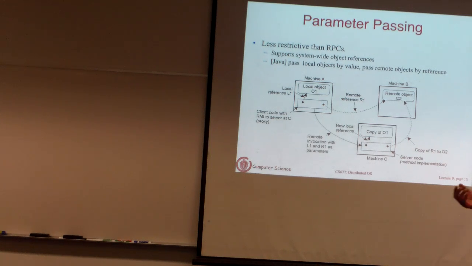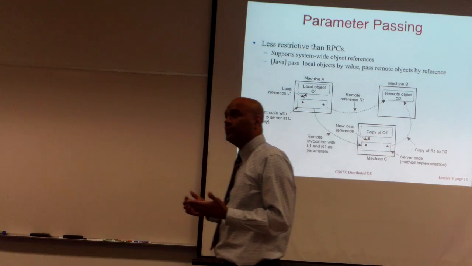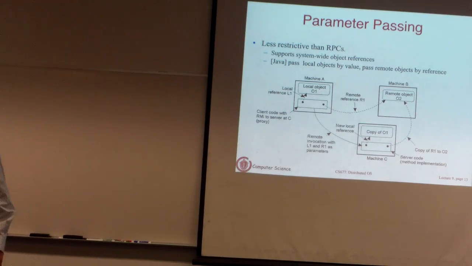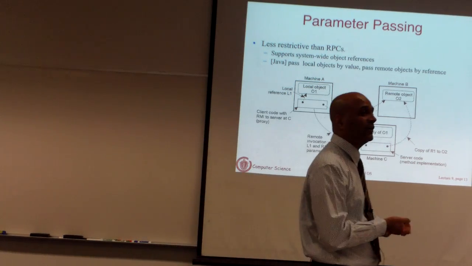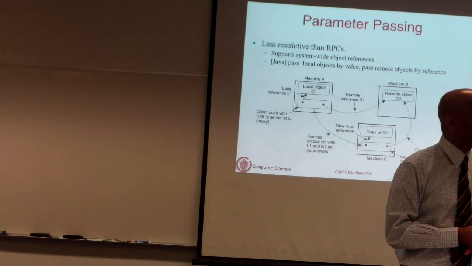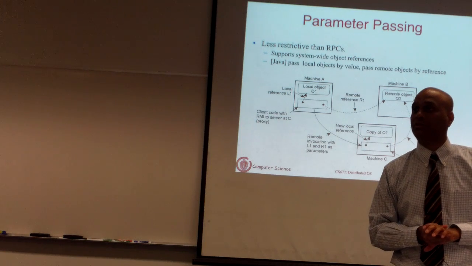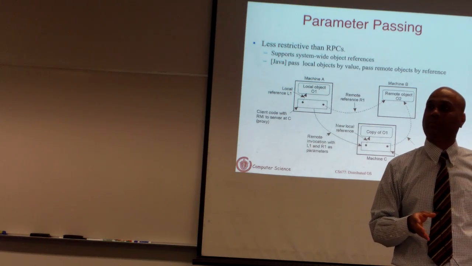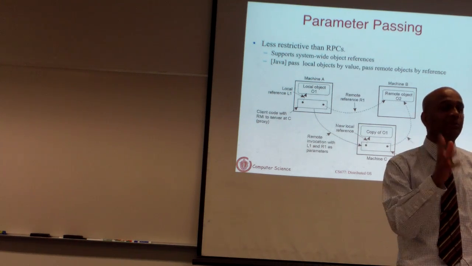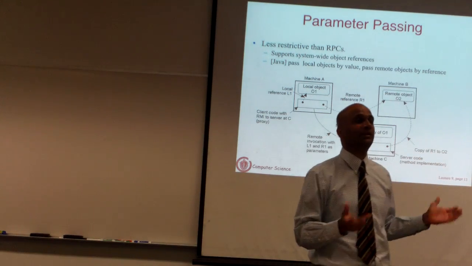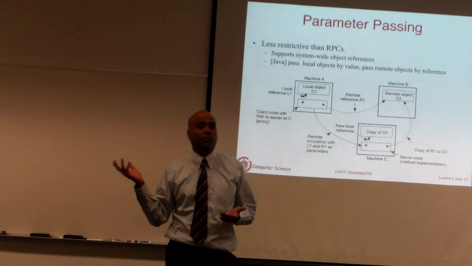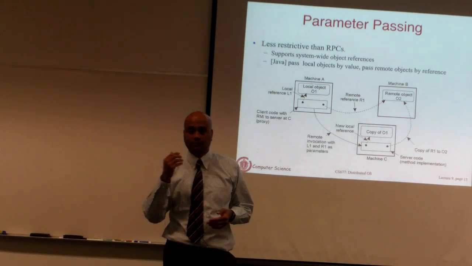So you cannot pass by reference, because when you dereference a pointer on a second machine, that address is garbage because it's actually referring to a memory address on the sending machine. So it doesn't make sense in most cases to do this, which is why you pass by value. Pass by value essentially means you make a copy of whatever parameter you're passing and send the copy over. Then you basically just look at the copy.